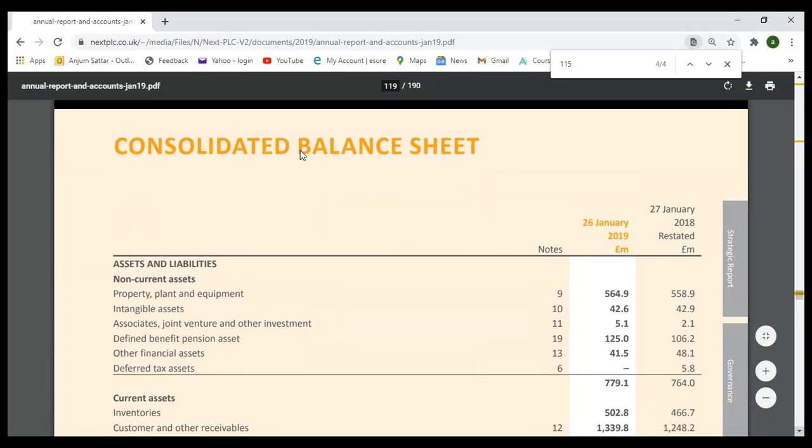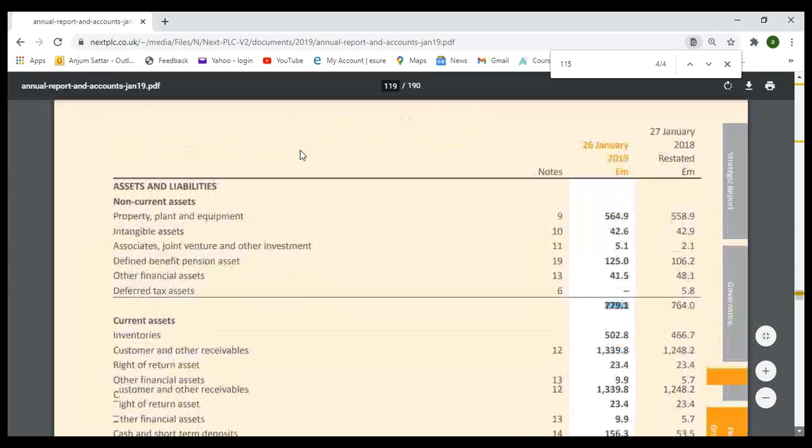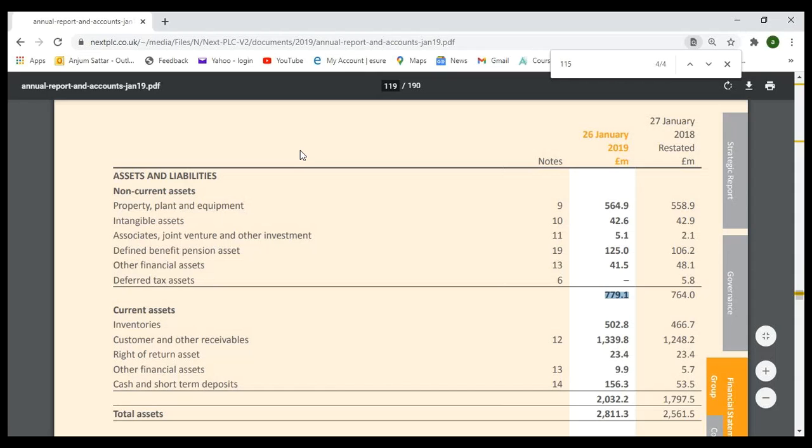Then we have a balance sheet. The balance sheet shows last year and this year assets. So if you look at last year, non-current assets total 764 million and it went up to 779 million. That's why comparative figures for 2 years, so people can see. If I give 1 year, people can't see what's happening.